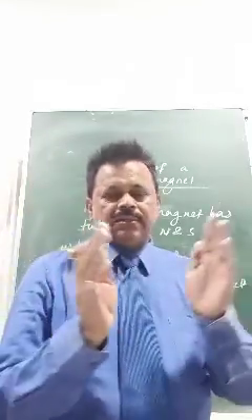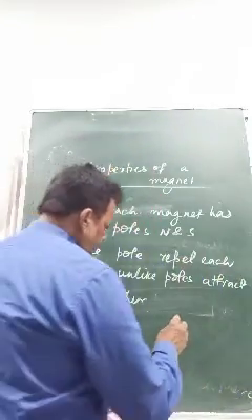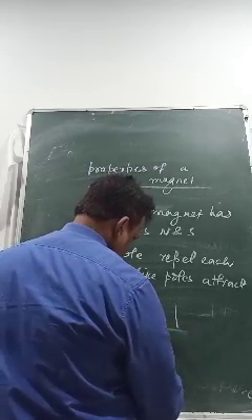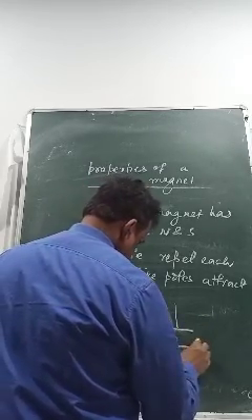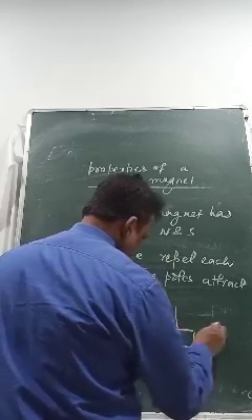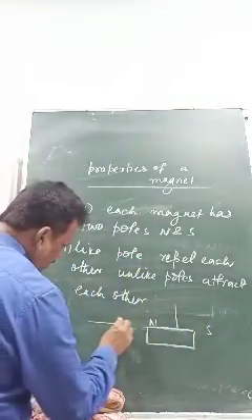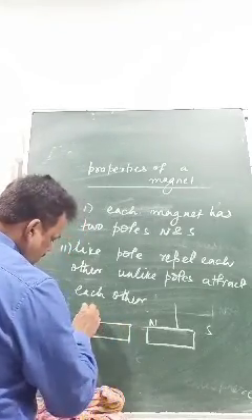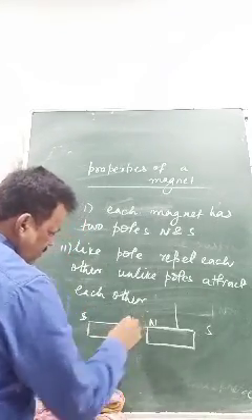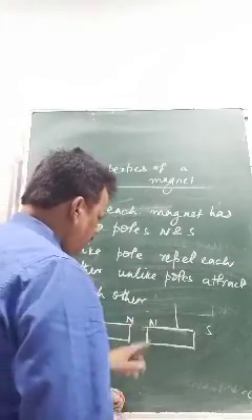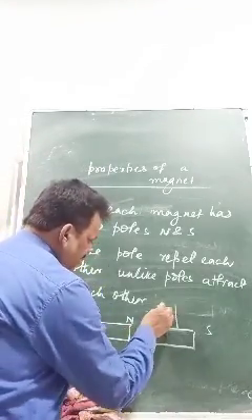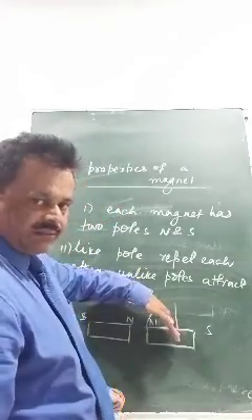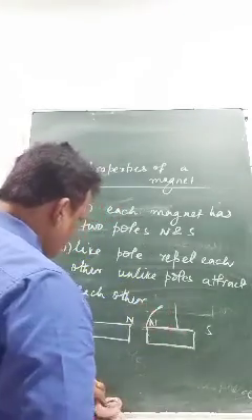Means north will attract south. That means if there is a magnet here, this is north south. If you bring another magnet here, this is south north, then it became like pole. Like pole means this will get deflected like this, it will move like this. Means repel.